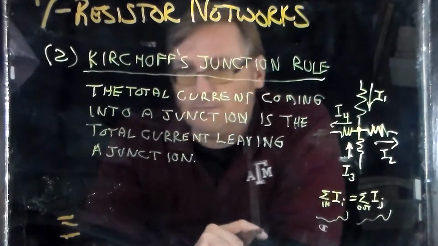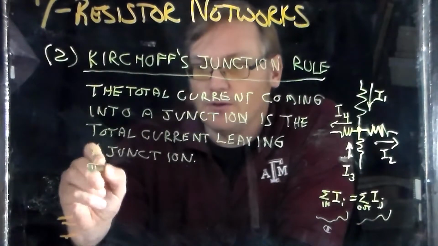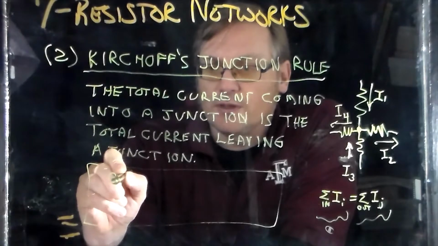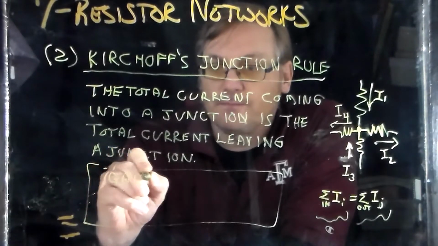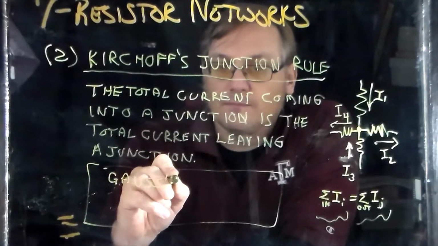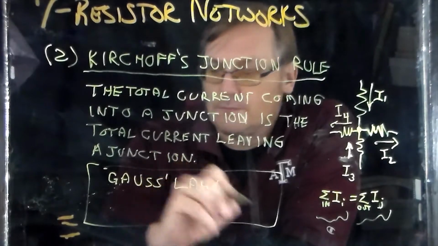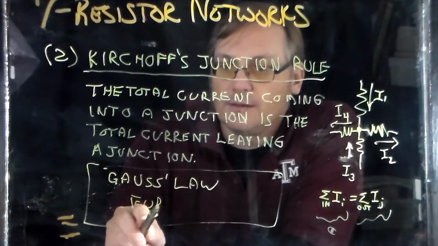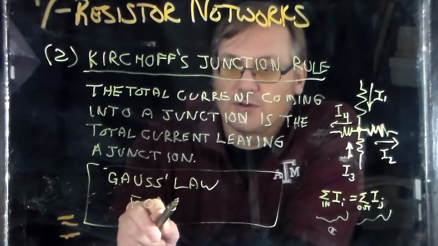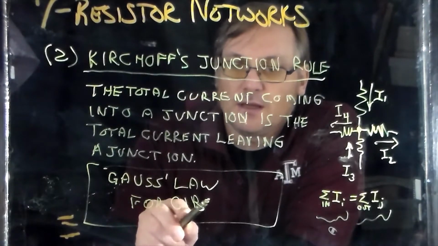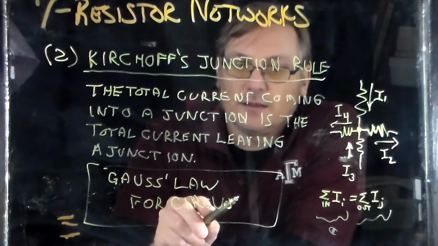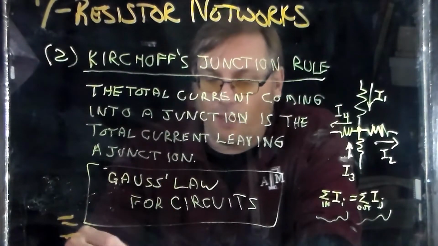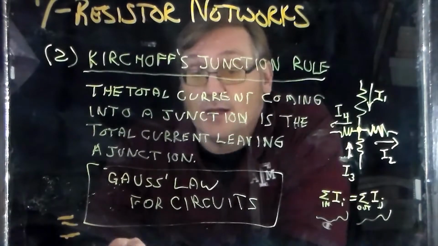All right. An important thing to note is this is the only place where you're going to see Gauss's law. And that's a shame, because Gauss's law is a fundamental property of electricity.